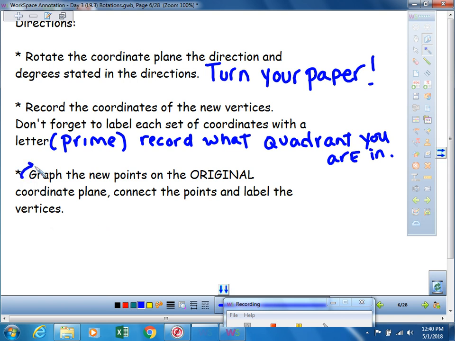And then right before you write this, you're going to turn your paper back to the original position. Graph the new point on the original coordinate plane. That's turning your paper back. Connect the points, label the vertices.